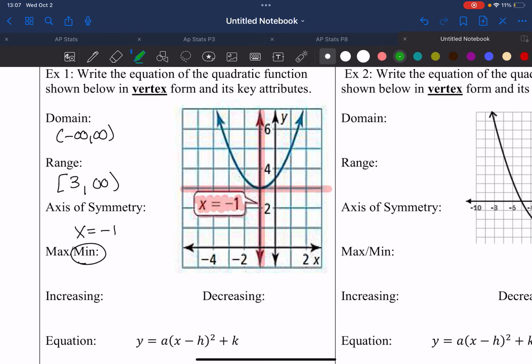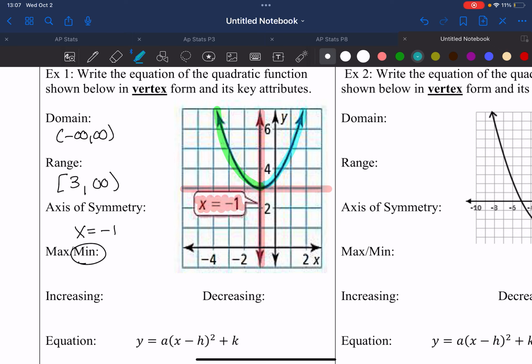Notice how our axis of symmetry completely cuts our parabola in half, which means we can examine the left side and the right side. Based on each of the sides, we can say that one side is decreasing and one side is increasing.